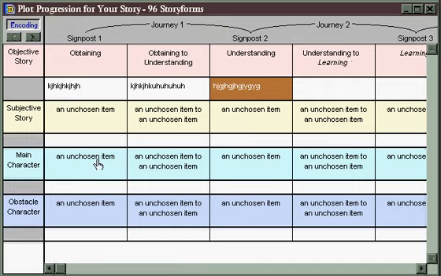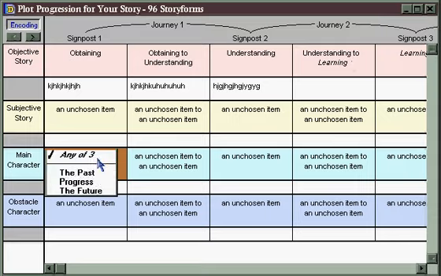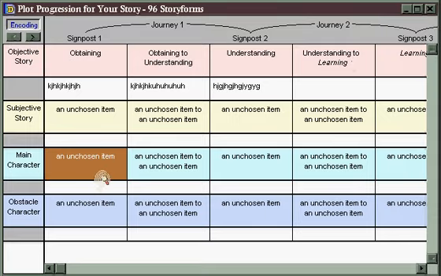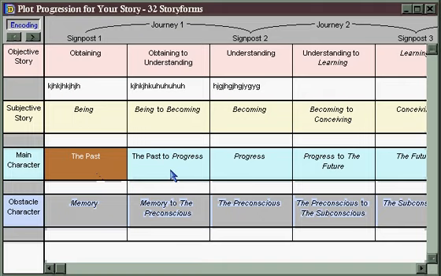As you continue to make choices for the other through lines, here we'll choose the past. The main character is dealing with the past. Now, in italics, Dramatica is filling in other information. When you make enough choices about the order in which events are going to transpire, Dramatica can deduce what other kinds of events must transpire, what other kinds of subjects must be explored in order to support and be consistent with what you've chosen directly.